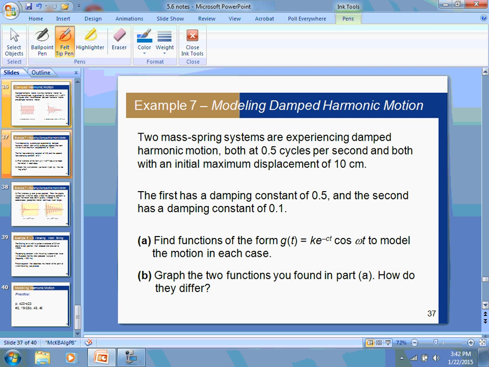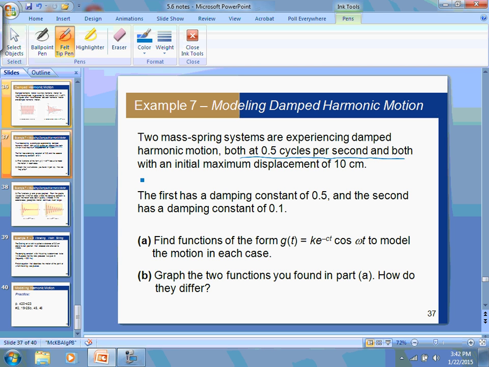Now both of them have a 0.5 cycle per second, so that's going to be the frequency. And both have an initial maximum displacement of 10 centimeters. So that's going to be our amplitude. So right here, this 0.5 cycles per second, that will be our frequency.